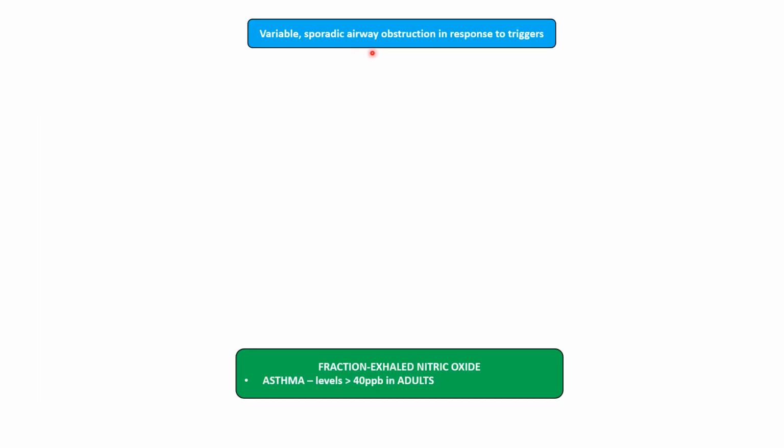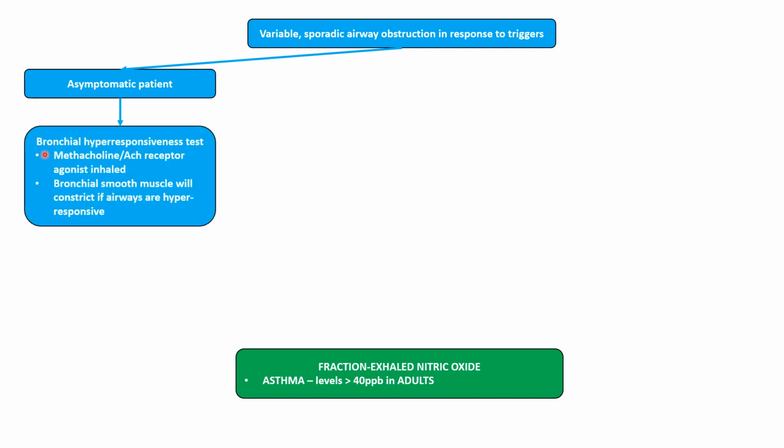Now let's talk about some of the investigations which we do in asthma. Remember that asthma is variable, sporadic airway obstruction in response to particular triggers. So sometimes we have asymptomatic patients, which can happen a lot of the time, so the patient isn't necessarily having an exacerbation. We can do something called bronchial hyperresponsiveness testing. We can give the patient inhaled methacholine, an acetylcholine receptor agonist, and the bronchial smooth muscle will constrict if the airways are hyperresponsive.